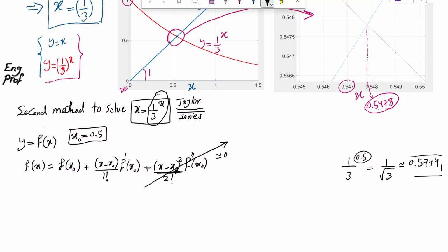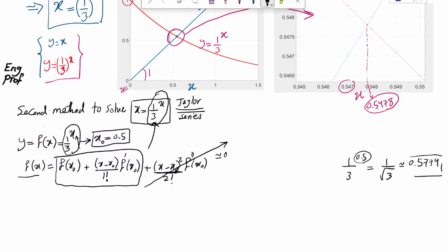So I am sticking with approximating 1 over 3 to the power x. My function is 1 over 3 to the power x, and I'm trying to approximate this function at x close to x0, which is 0.5. And I am going to only use these two terms from the Taylor series expansion of f of x. So basically, I keep the left side.